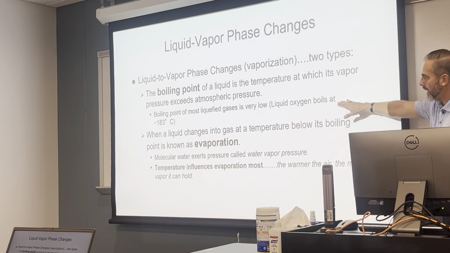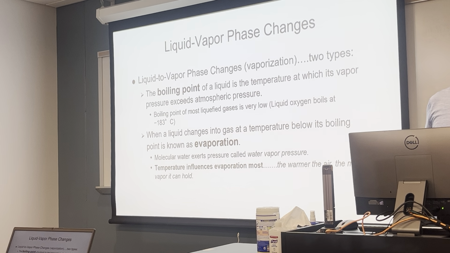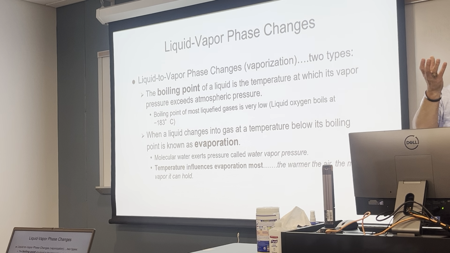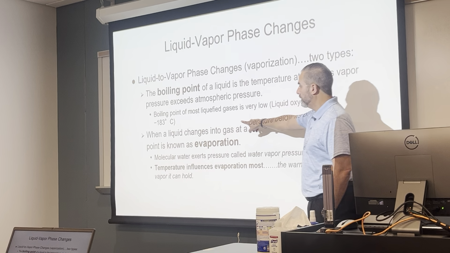However, if you slide down, the boiling point of most liquefied gases, yes, we can convert gases into a liquid, is very, very low. Gaseous oxygen, we can store as liquid oxygen. Now its temperature to remain a liquid has to be extremely cold. Notice the temperature.